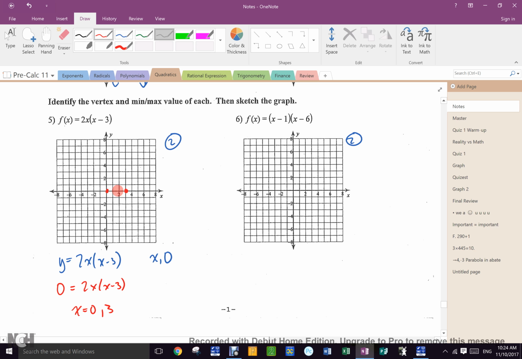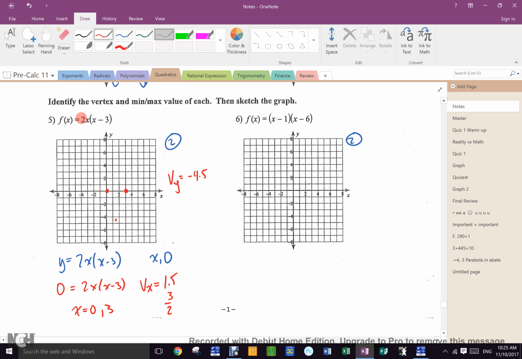Vertex has to be halfway between them. So the vertex x value was 1.5 or 3/2. And once you subbed that in, you found out that the vertex y value was -4.5. So you went out to 1.5 and down to 4.5.